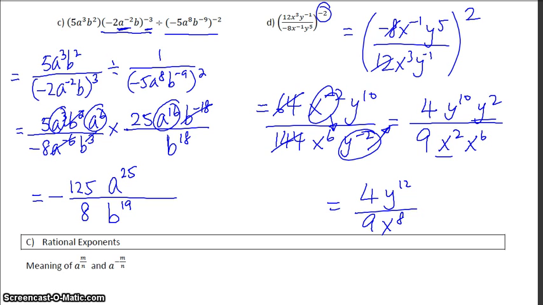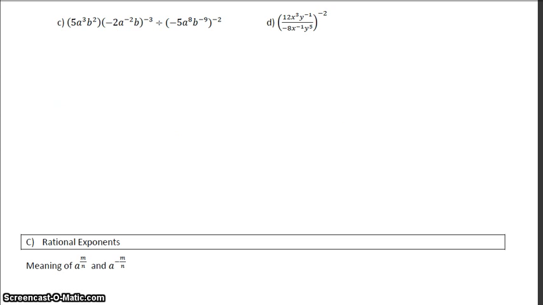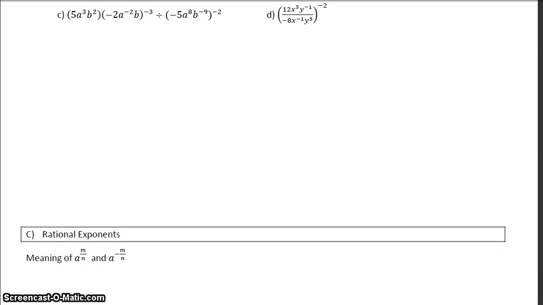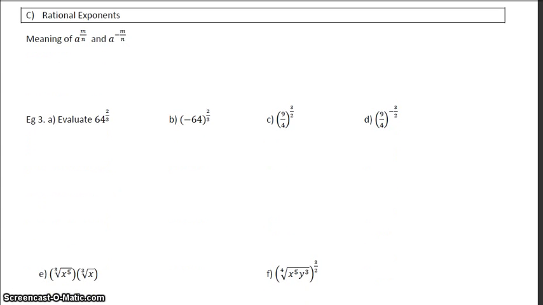If you think that's not enough, let's do more, which is rational exponent. What is the meaning of a to the power of m over n? Don't confuse this with the base being a rational number, a fraction. Now the exponent is a fraction.